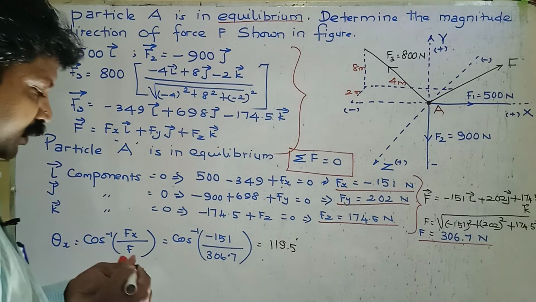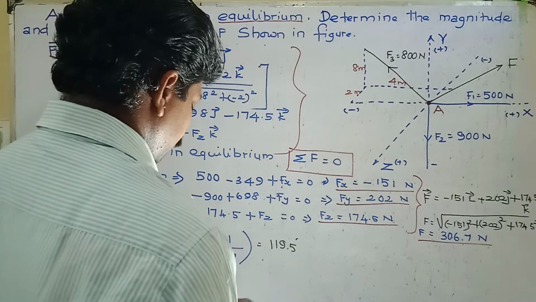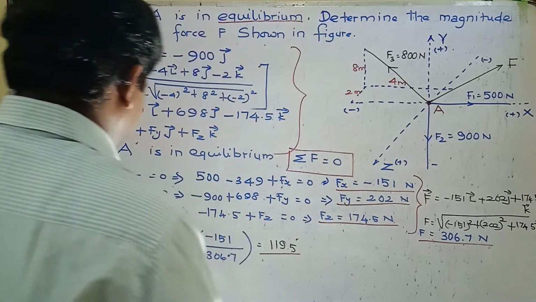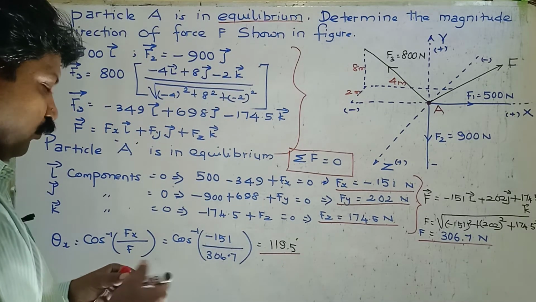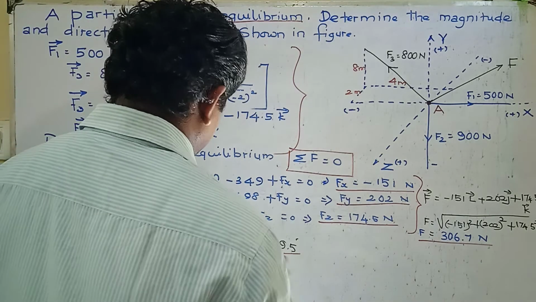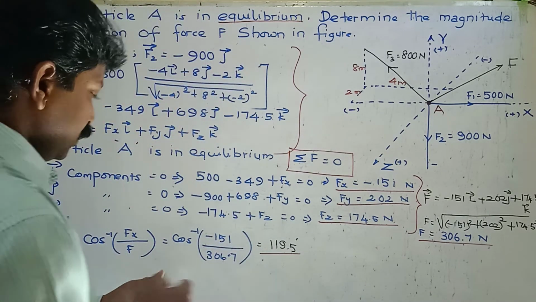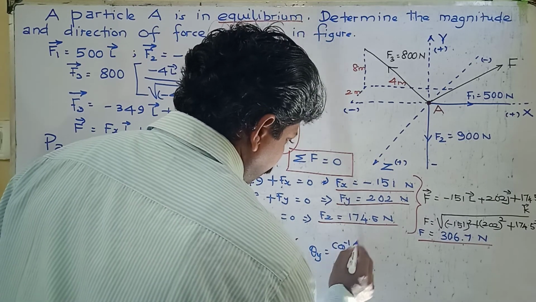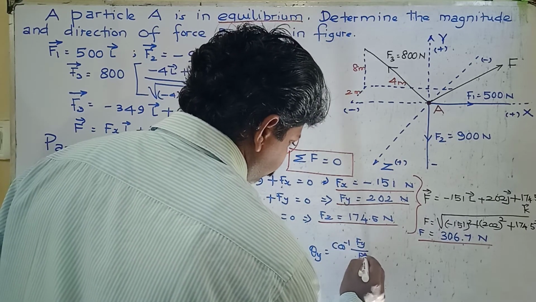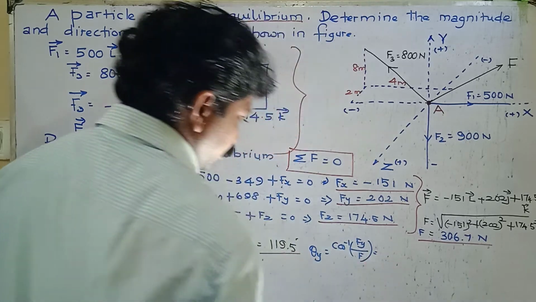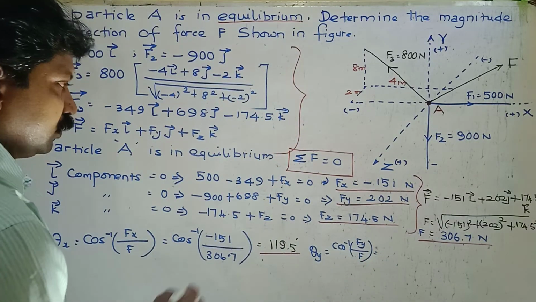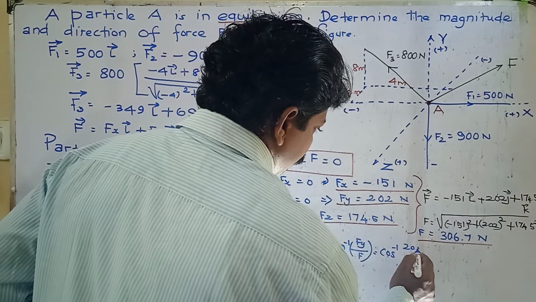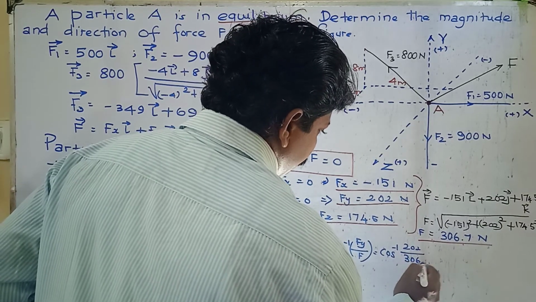Similarly, theta y equals cos inverse of Fy divided by F. So cos inverse of 202 divided by 306.7.